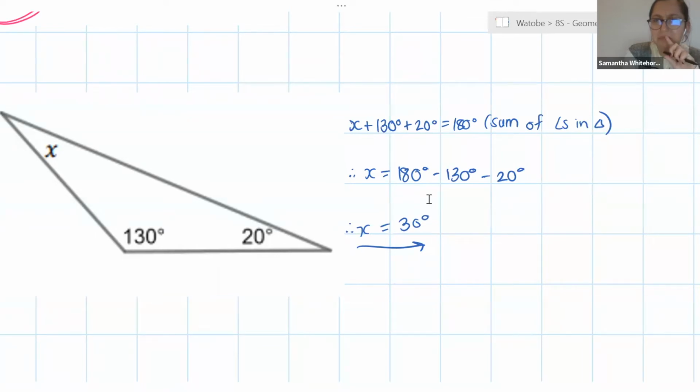Yolanda? So Tabile, don't panic. This is a new sort of thing that we started today. I see that you're talking about the reasons, right? So you understand that Teacher Sam has said x plus 130 plus 20 equals 180. Do you understand that part?